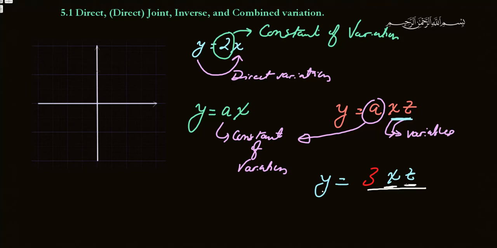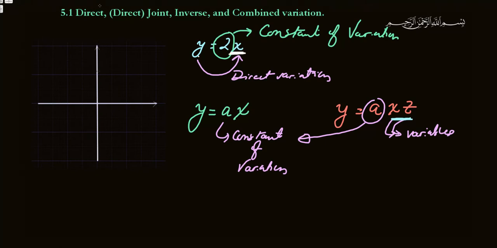But if you divide this by another variable, such as k, or let's put an m, that's no longer a direct variation, okay? Or if you add something to it, or you subtract something from it like this, that's no longer a direct variation, okay?